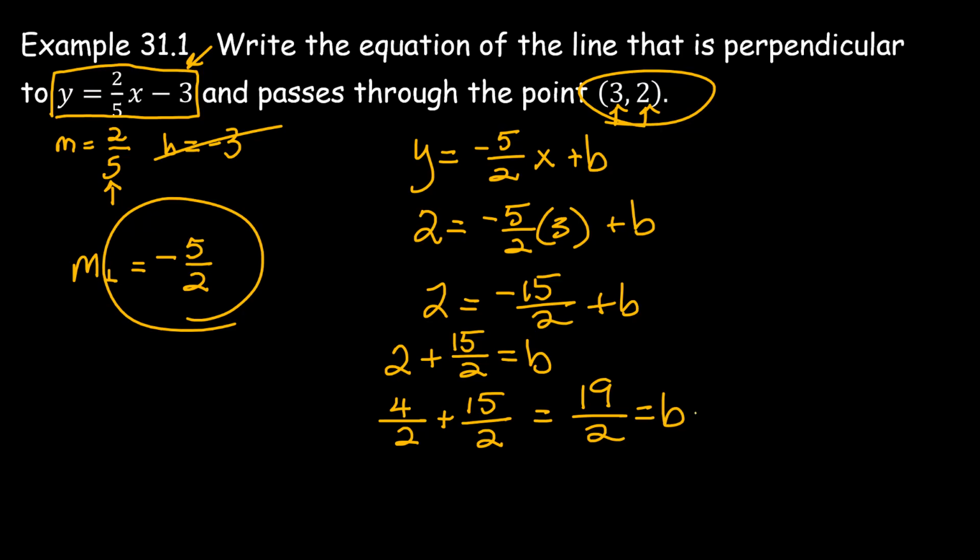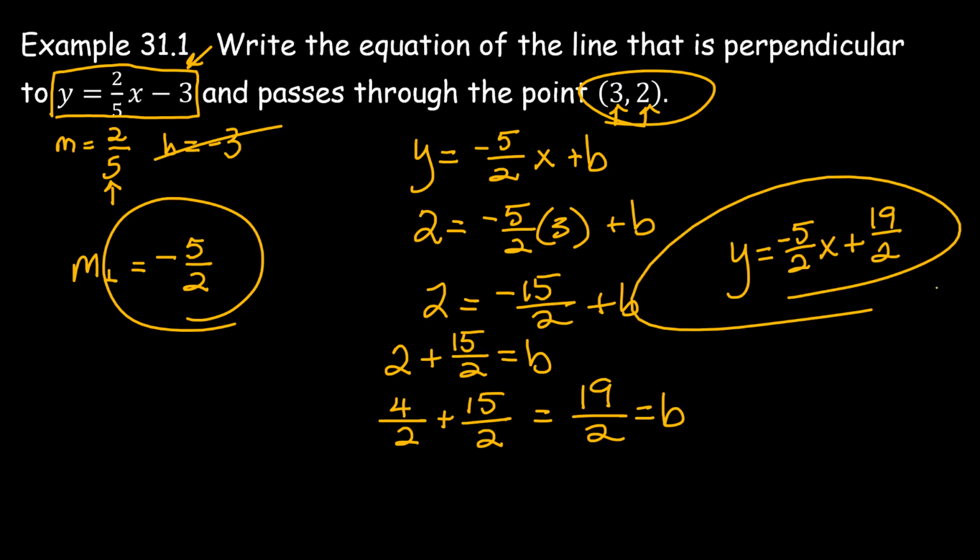So I know my m, -5/2. I know my b, 19/2, so I can write the equation of the line. y equals mx plus b. That is the equation of the line that is perpendicular to y equals 2/5 x minus 3 and passes through the point (3, 2).